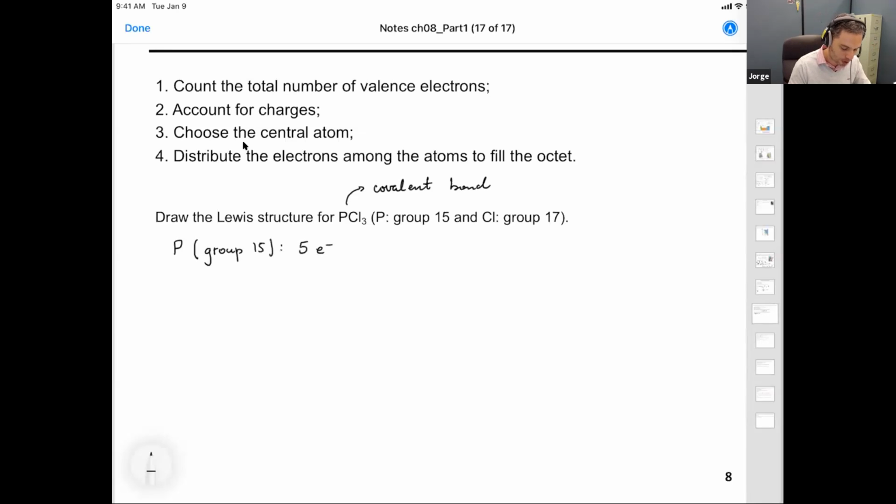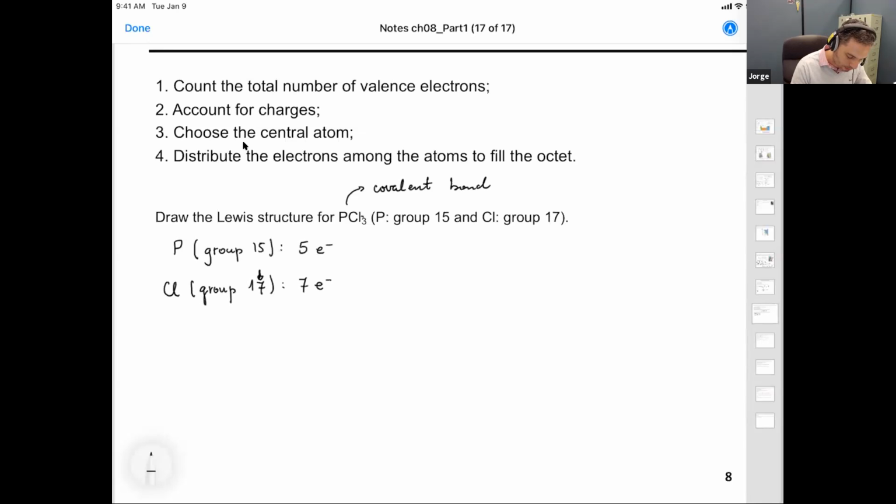And we just have one. Chlorine, on the other hand, belongs to the group 17. Therefore, look at here, 7 electrons in the valence shell.